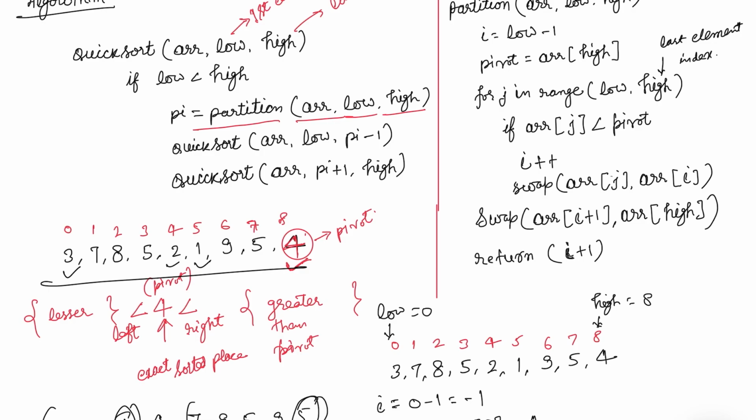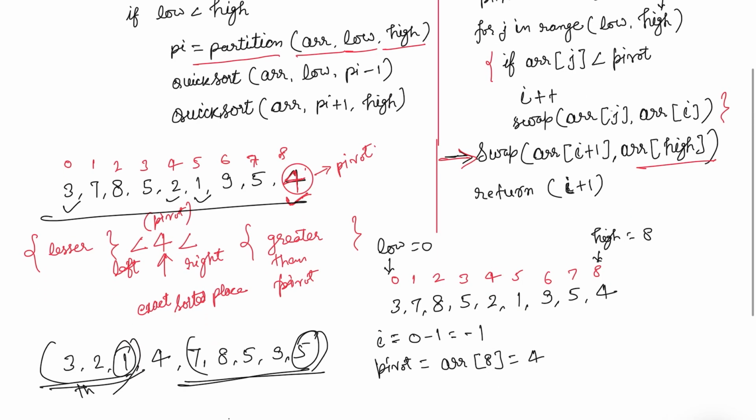So this will go from low to high minus 1, because see pivot, what we are doing, we will see here pivot, here we are swapping outside of that for loop. See, the for loop is coming till here only, and this is outside of the for loop. So we have swapped pivot outside of this for loop, so no need to go till pivot.